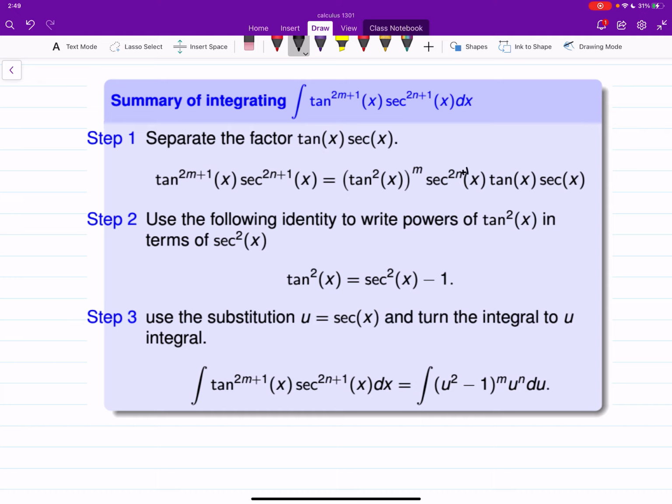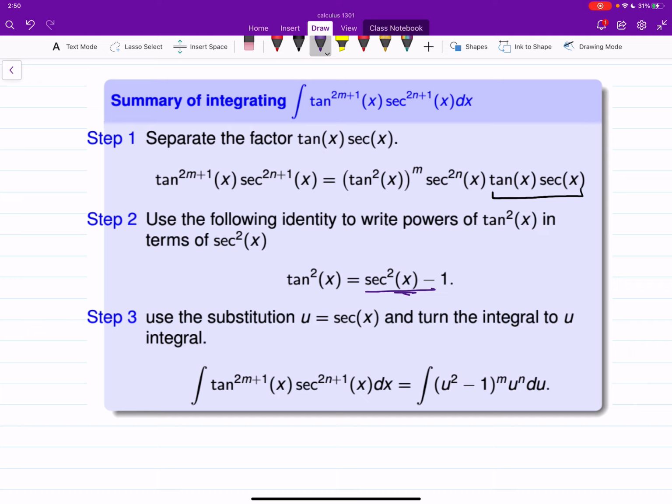So the first step is to separate the factor tan x secant x. Then use the even power of tan and write it as tan squared x to some power. Use this identity to write tan squared x in terms of secant.